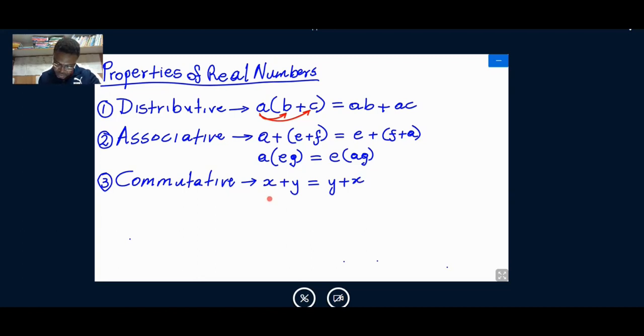And you can have X multiplied by Y. This dot means multiplication. And Y multiplied by X. You will get the same answer.